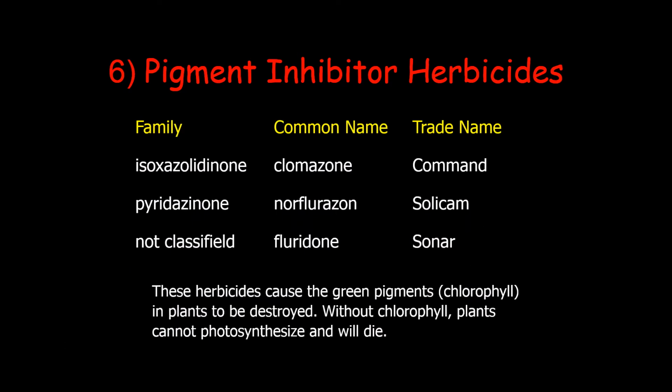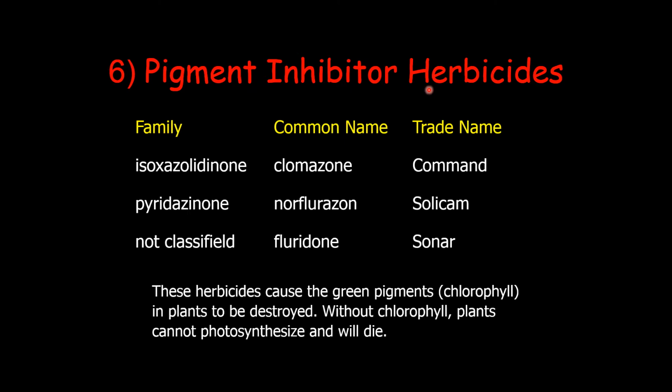Next is the pigment inhibitor herbicides. This mode of action works by preventing the production of compounds that protect the plant from chlorophyll destruction. Instead of being green in color, plant tissue turns white. Although injury symptoms are similar with these herbicides, the specific site of action is different.